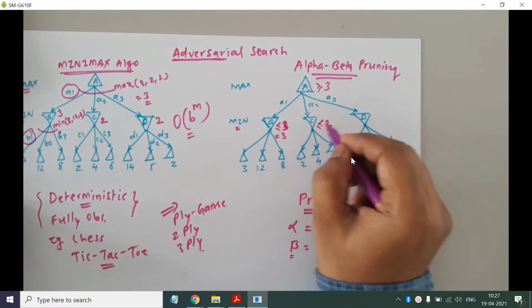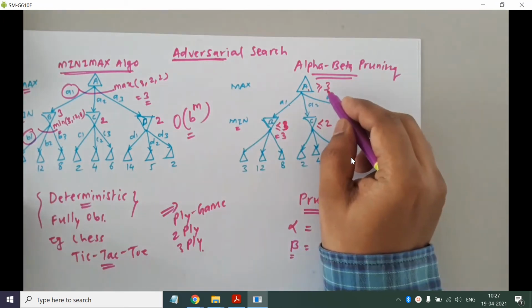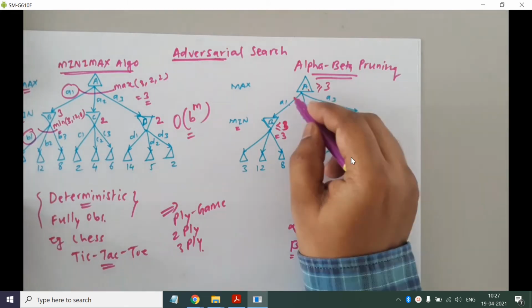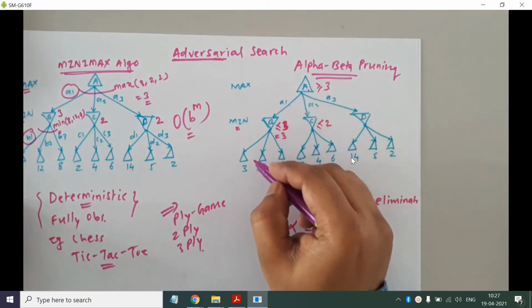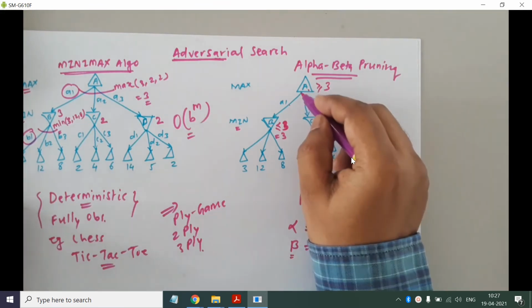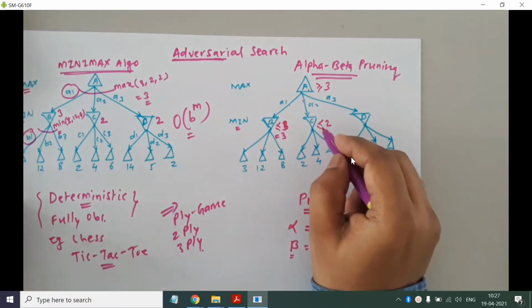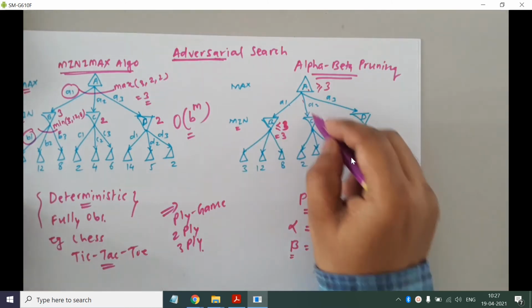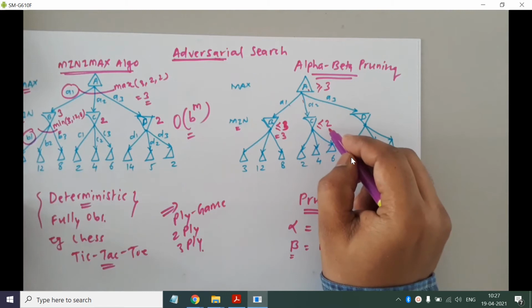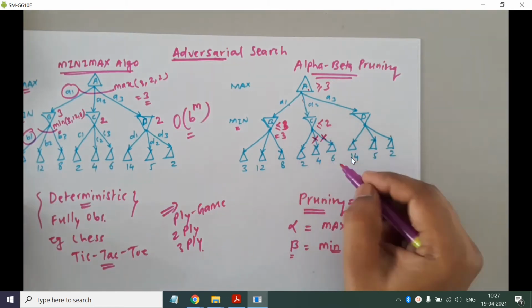Now there is a possibility of pruning. What is the possibility? Max is trying to increase the value from 3, because if he goes in this branch he will get the value 3. That's why he is exploring these 2 branches, right? But what min is saying here is, if you come here you will get a value less than 2. That's why we can prune these 2 branches.